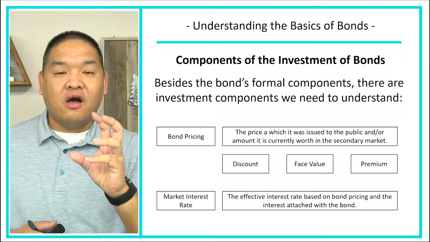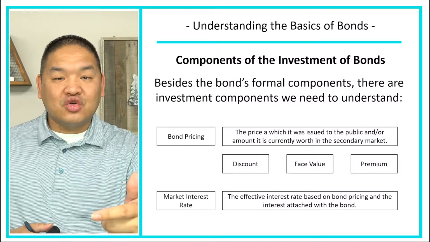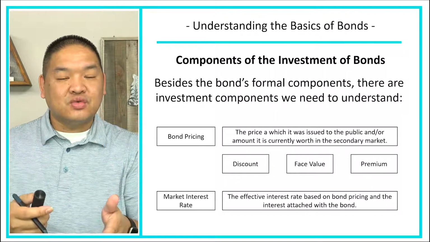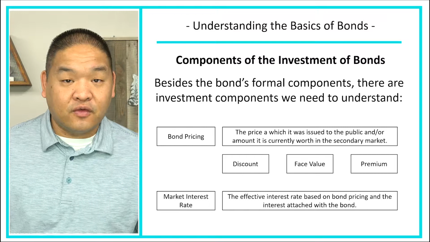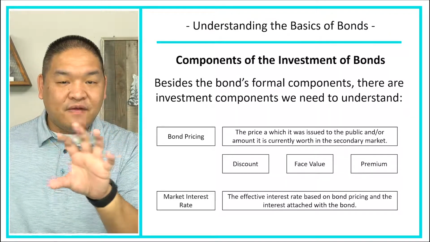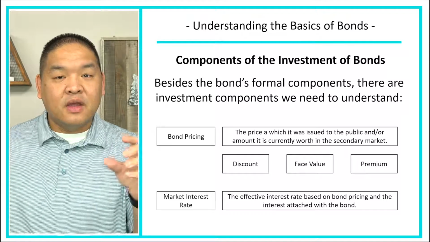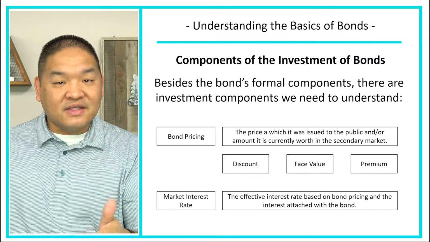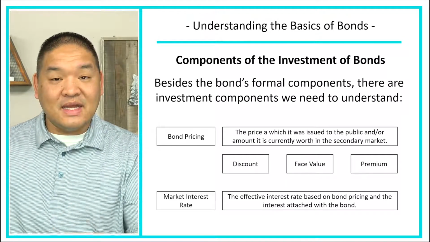So that $50 acts as additional interest, which increases the interest rate because you're going to get $50 for free, basically. So if we take that extra $50 plus the 10% and calculate an effective interest rate, we would get the market interest rate.